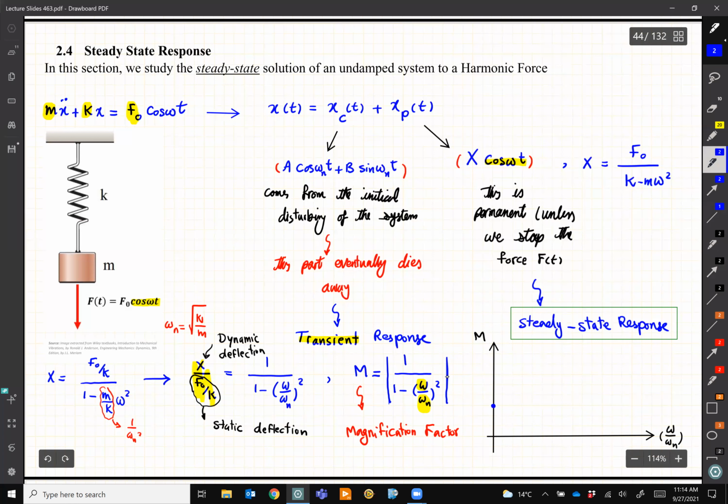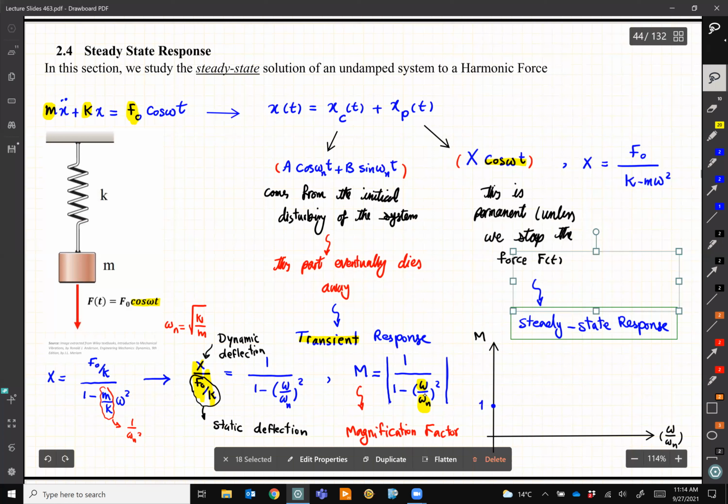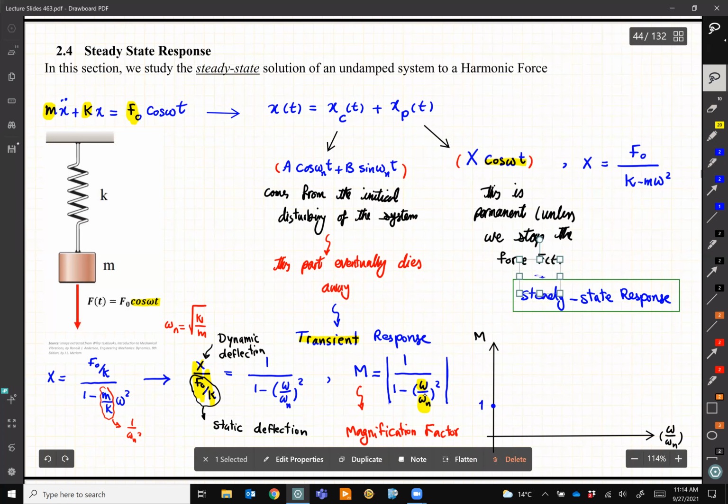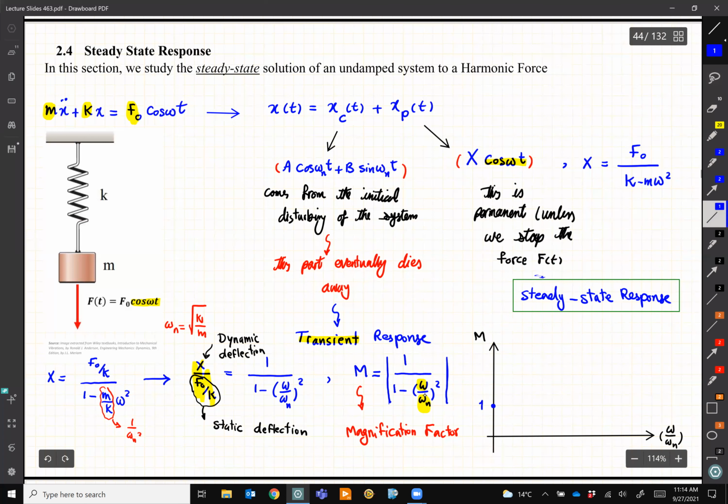Let's show it here. And when omega over omega n is equal to 1, you can see this value M is going to be infinity. So then I need a little bit of room here. So let's say around here, which is omega over omega n equal to 1.